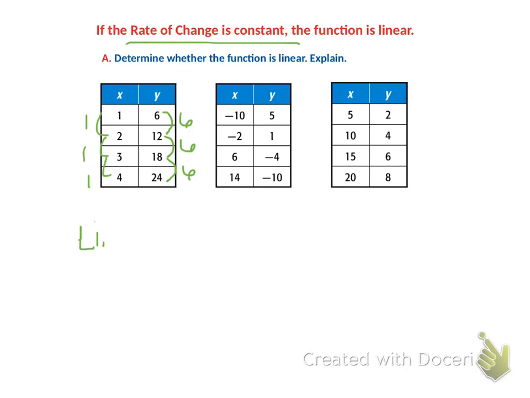So that is linear. I'll change colors so we don't get confused here. In the second table, we're going down 4, then we're going down 5, then we're going down 6, and we're going up 8, up 8, up 8.